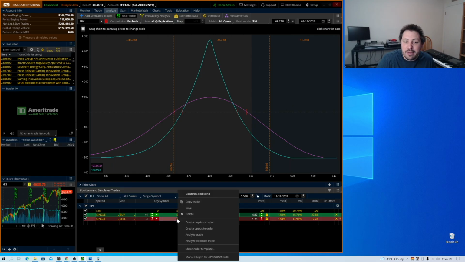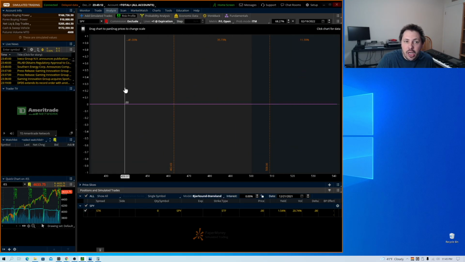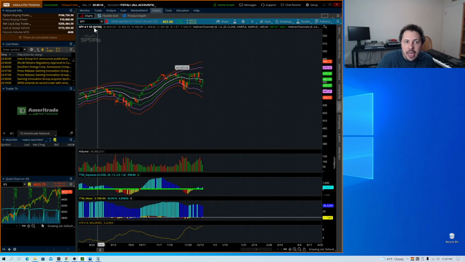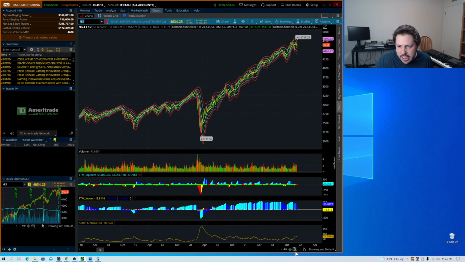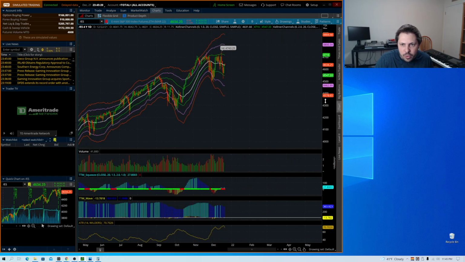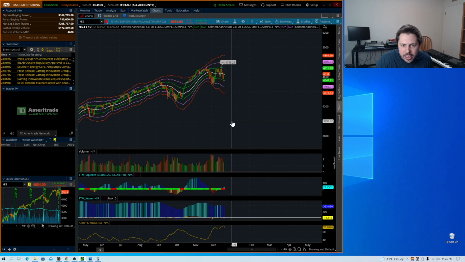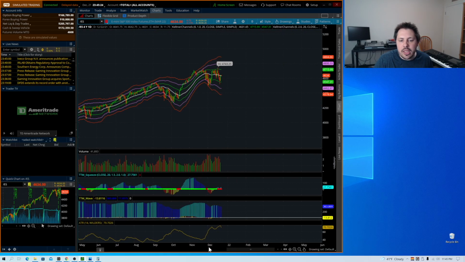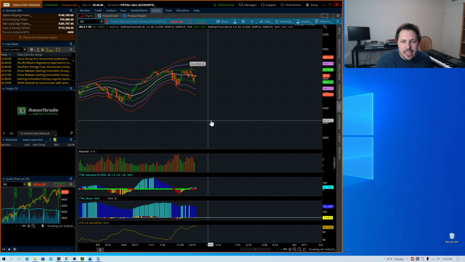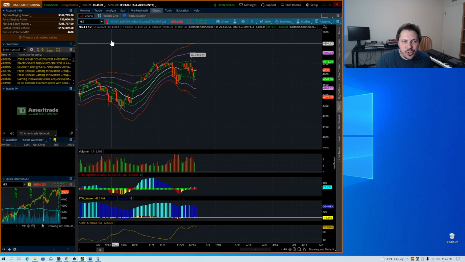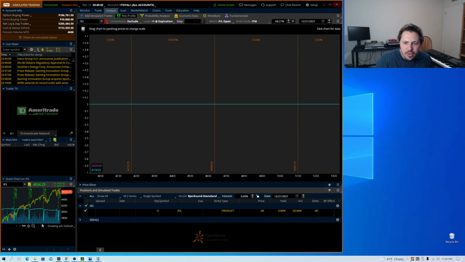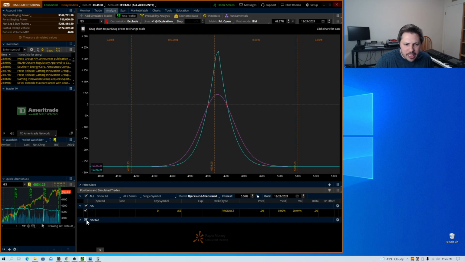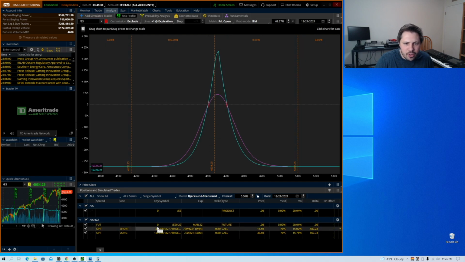And because I love this strategy so much, a few days ago, I put a trade on just as an example to look at, right? So here is the S&P 500 futures, and right here's my trade that I put on, right?